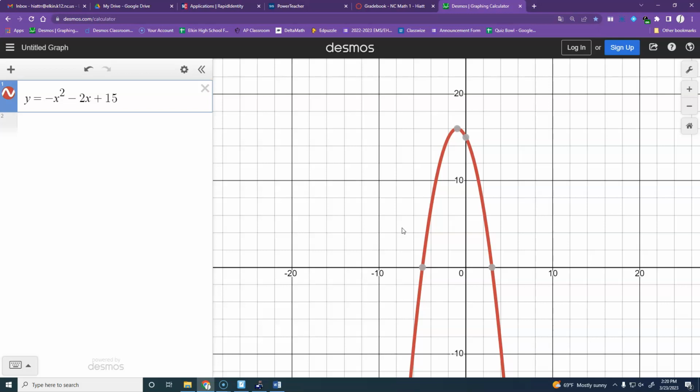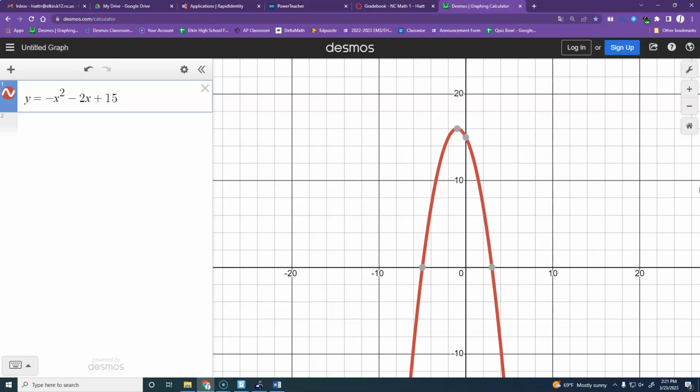So, just looking at this graph, where would you say that that maximum point falls in relation to my zeros? To those x-intercepts? It's in the middle, right? Because this graph is symmetric.